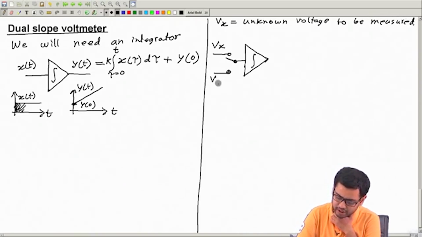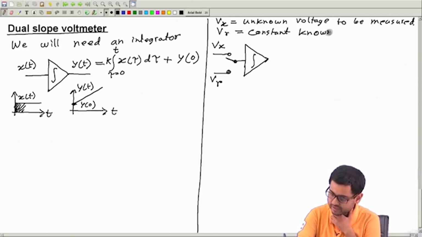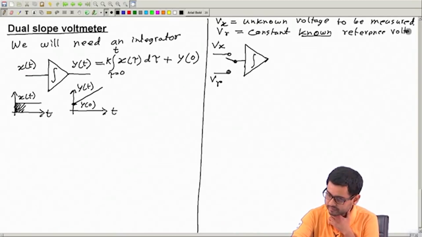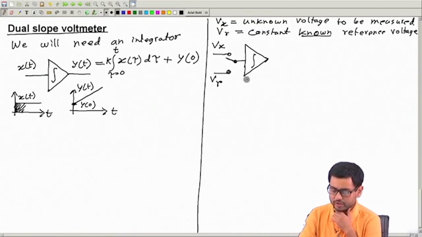And this I call V r. V r is a constant known reference voltage.